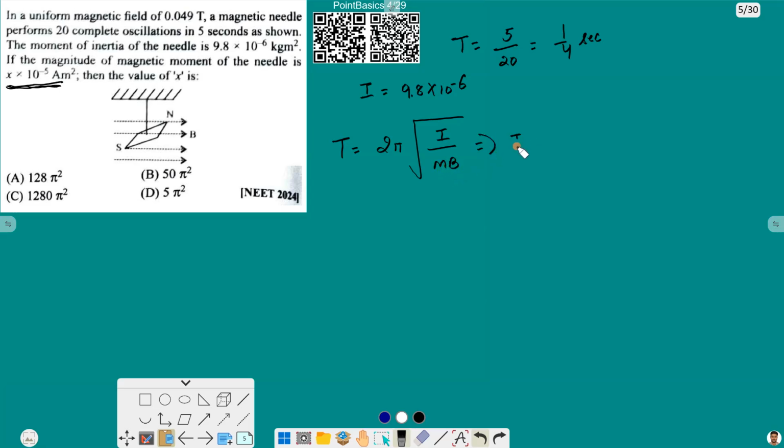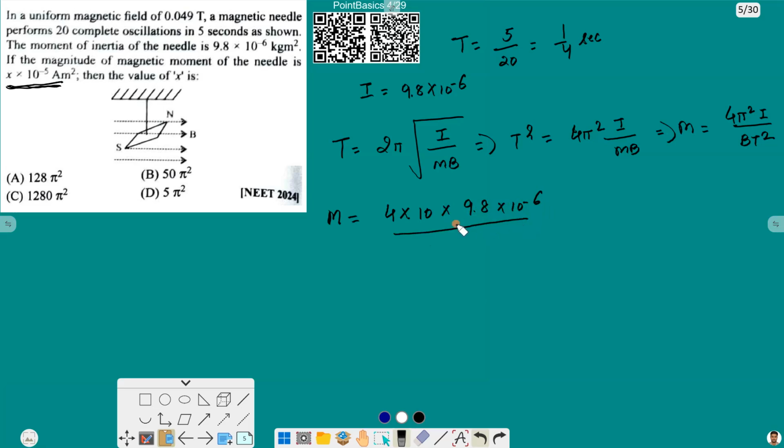So T square is equal to 4 pi square I by mB, and from this m comes out to be 4 pi square I divided by B times T square. So m is equal to 4 into pi square, which is almost 10, I is 9.8 into 10 raised to power minus 6.